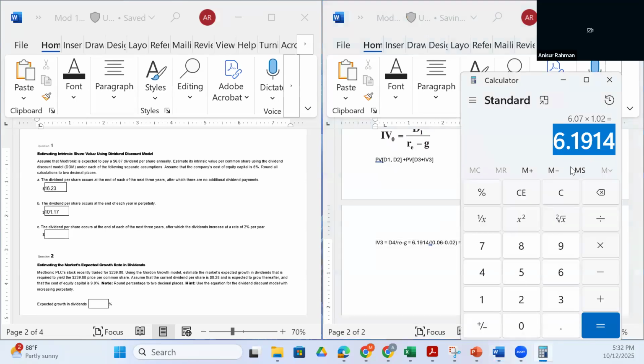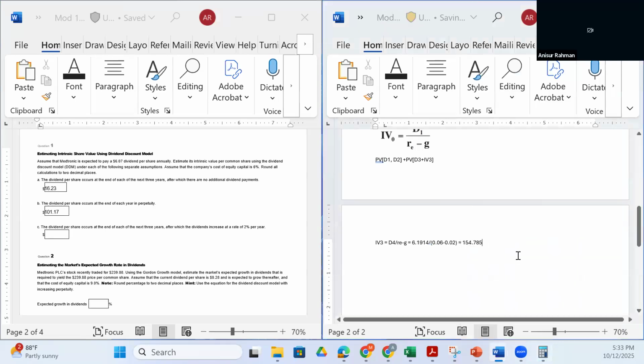So 6.1914 divided by 6% minus 2%, 4%, so 0.04, which will be 154.785. Okay.